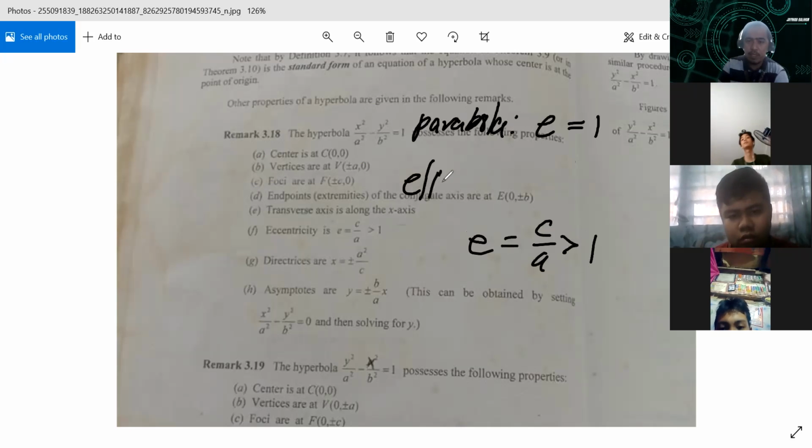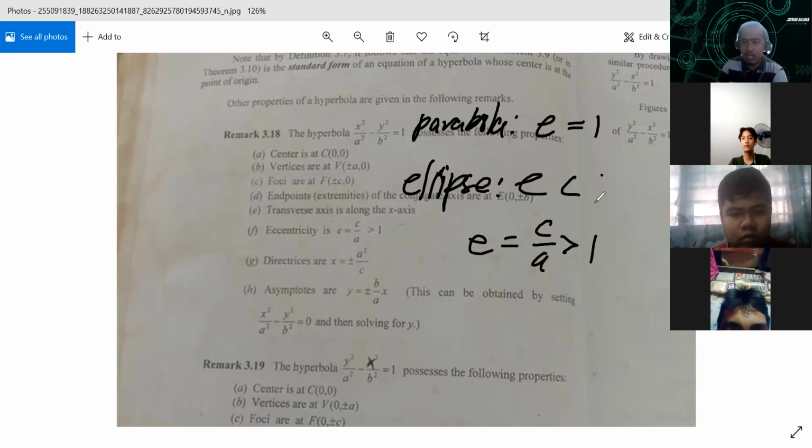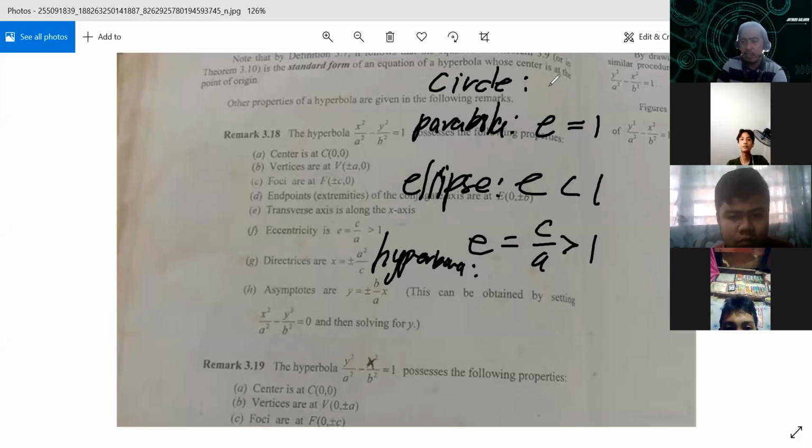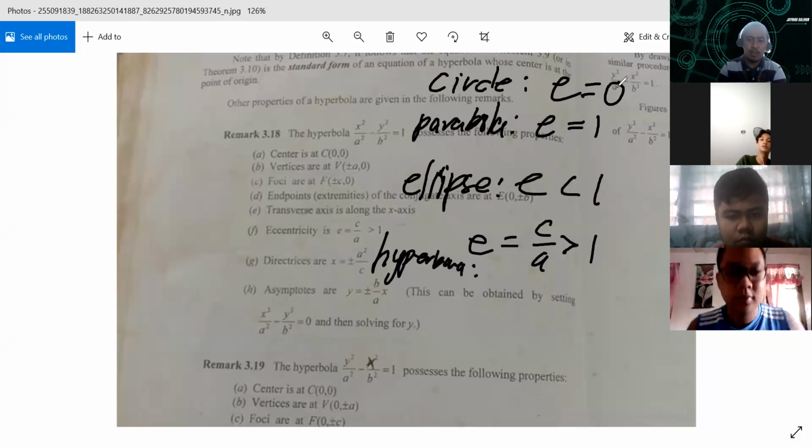In the ellipse, the eccentricity e should be less than 1. For the hyperbola, the eccentricity e should be greater than 1. How about for circle? The eccentricity should be equal to 0. So you remember these 4.